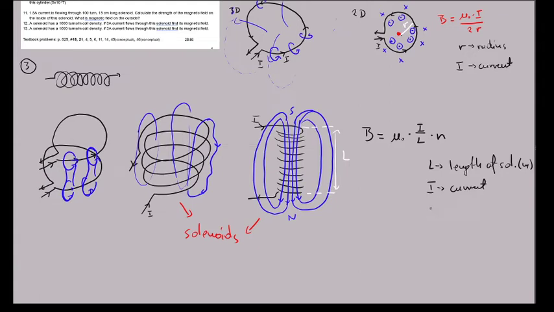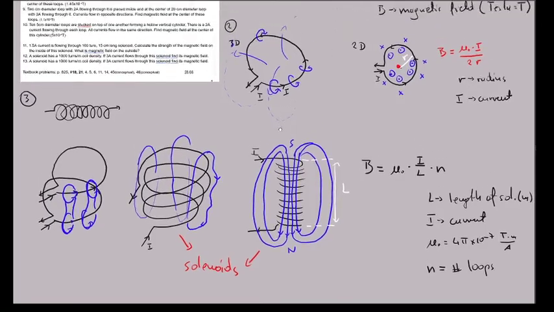Mu naught is a constant that I already gave you somewhere up there, but I guess I'll state it again. So this is 4 pi times 10 to the minus 7th, and then units are teslas times meters over amps. And N is the number of loops you have in a solenoid.